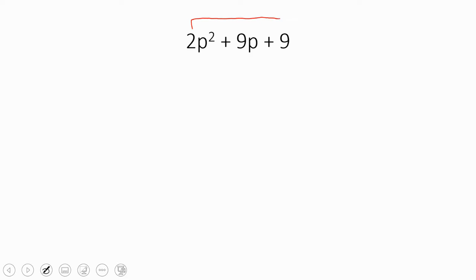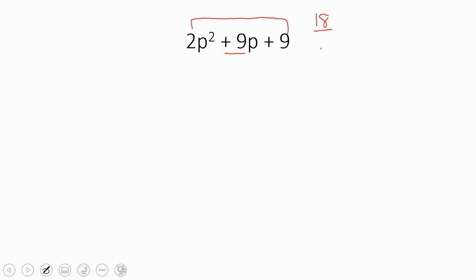So my first step says to multiply a and c. All right, that gives me 18. I need to find factors of 18 that add to give me positive 9. Since I want factors that add to give me positive 9, I'm only going to look at positive factors of 18, right? Because negative factors aren't going to give me positive 9.